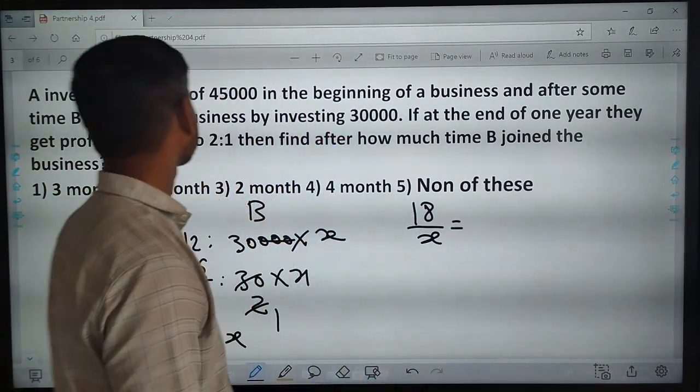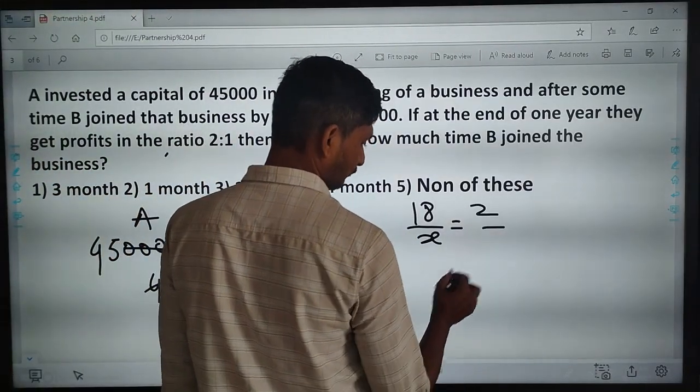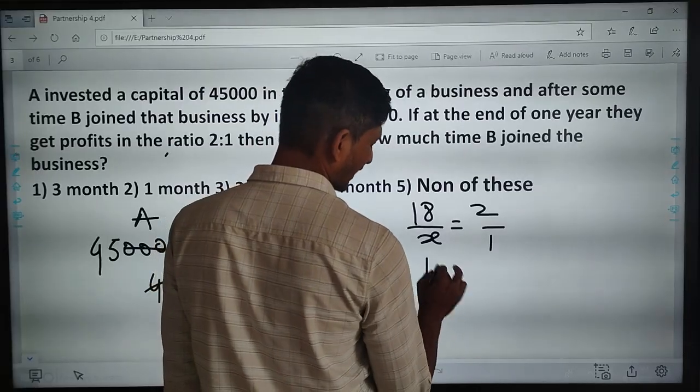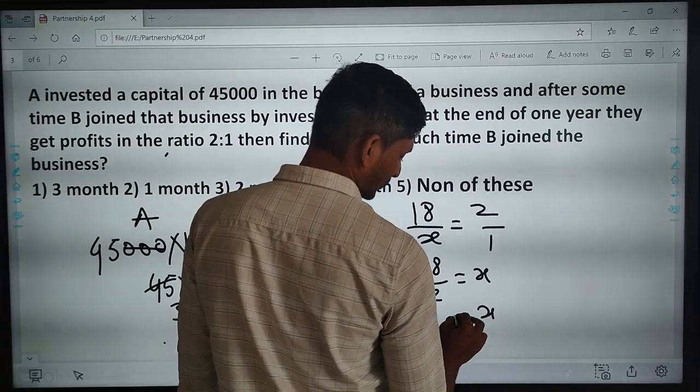Then the profit ratio is given: the profit ratio of these two is 2 as to 1. We find the value of x. Then 18 divided by 2 is equal to x. Then x is equal to 9.